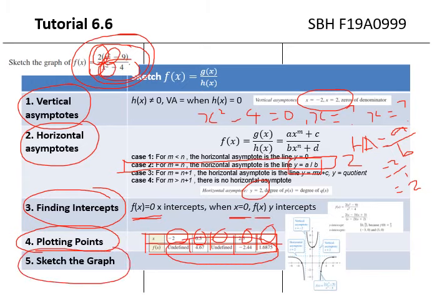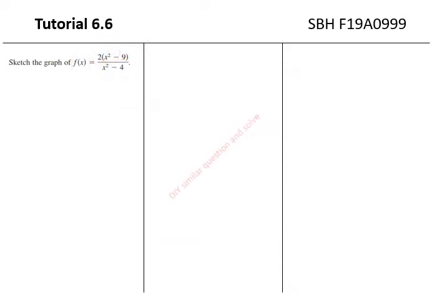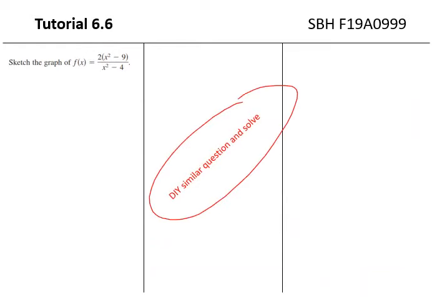Then you're going to sketch the graph. This will be your graph, a bit small, but how many curves do you have there? 1, 2, 3 curves. Do a similar question, but this time it is a more difficult one relative to 6.5, and leave the third box blank.